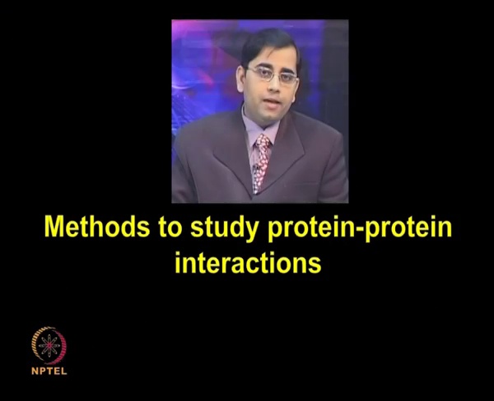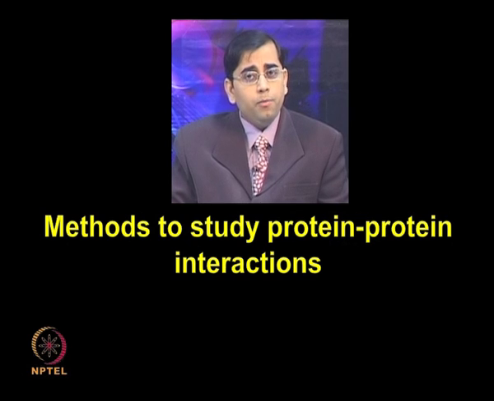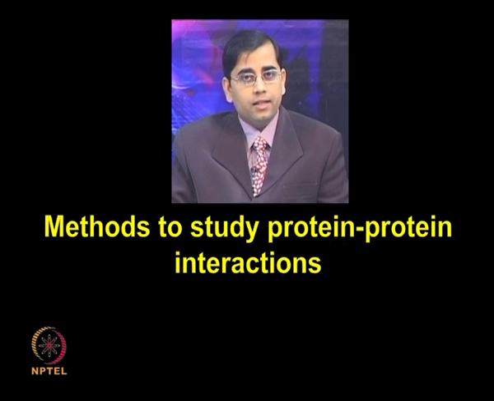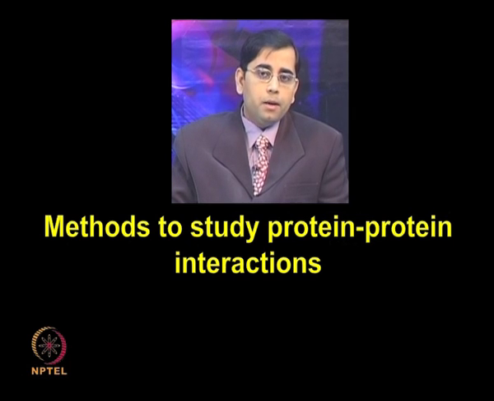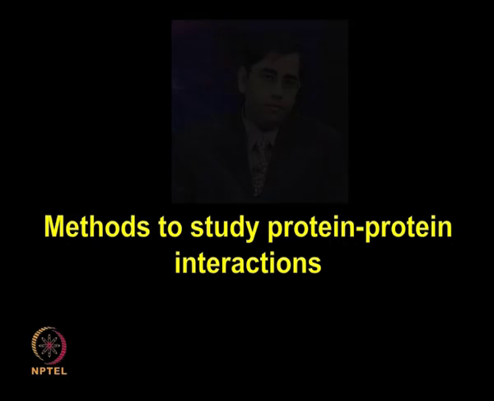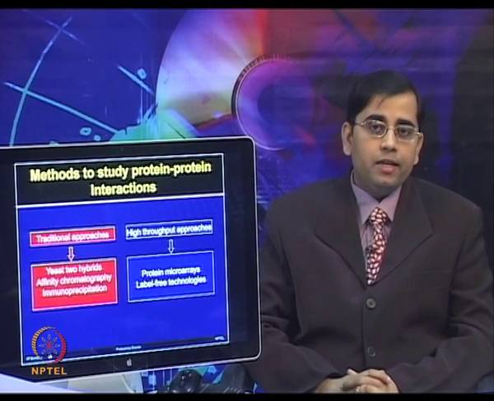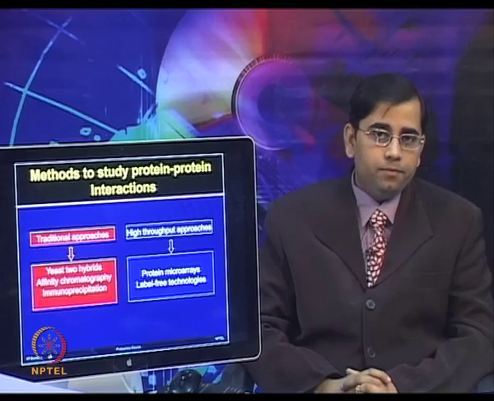Understanding protein-protein interaction provides important clues to the function of proteins. The identification of interactions with known proteins may suggest the functional role played by a novel protein. So, there are two different ways of studying these protein-protein interactions.